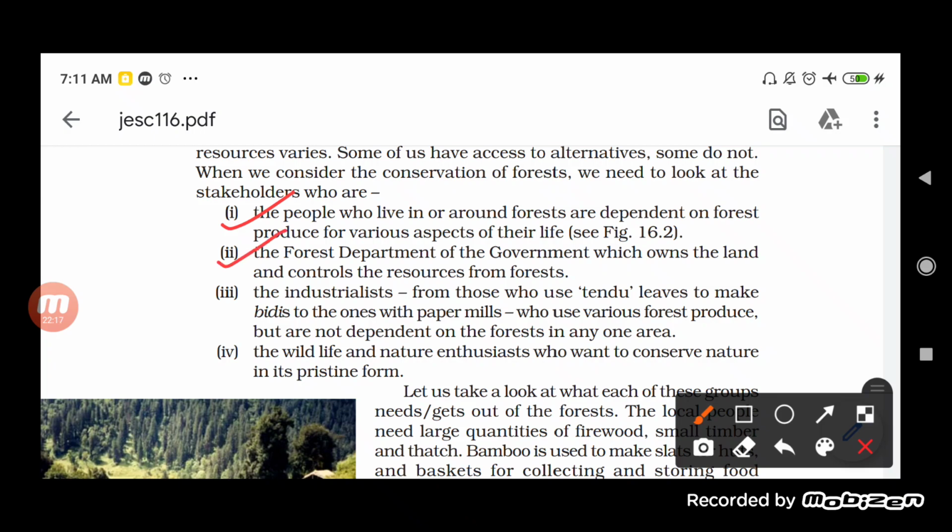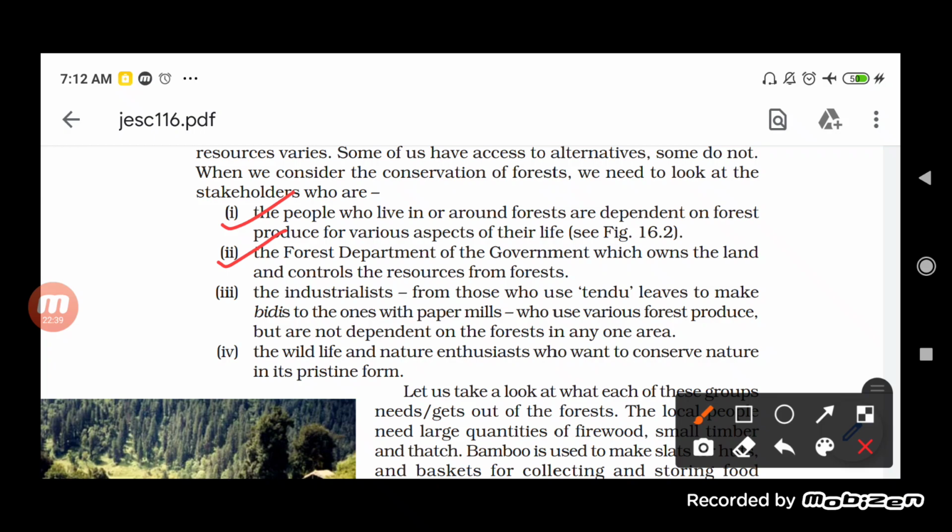The second is the forest department of the government, which owns the forest land and controls the resources from the forest. So first were the people who live there, students, and their life is totally dependent on the forest. They need the resources, the shelter.